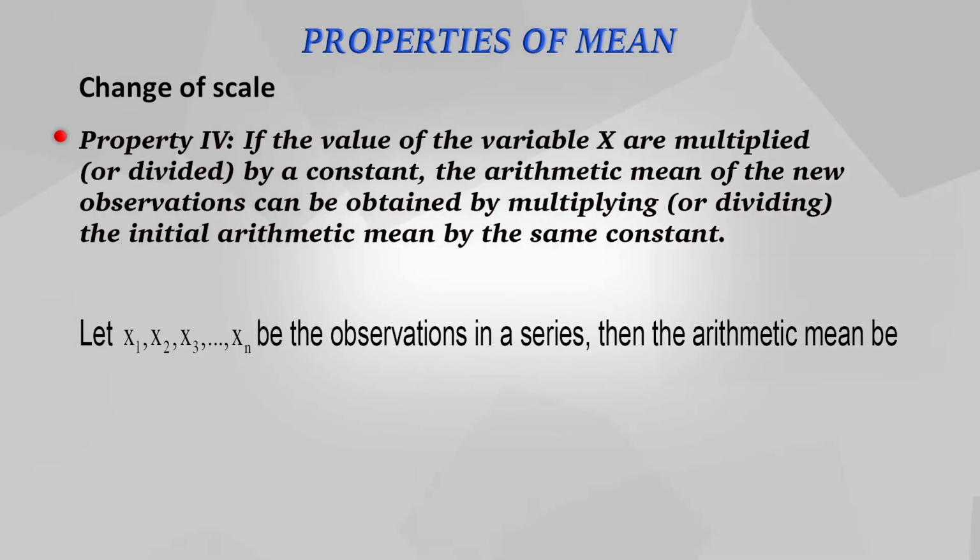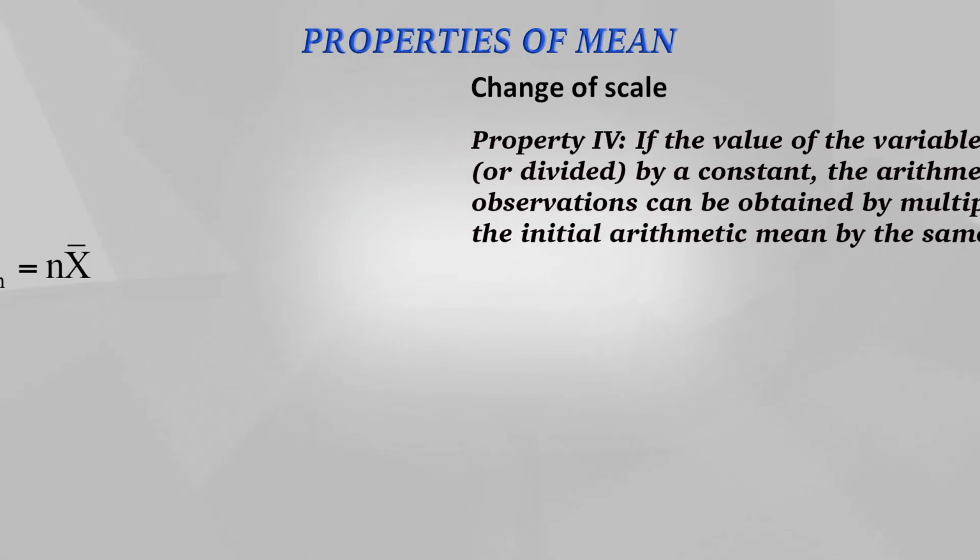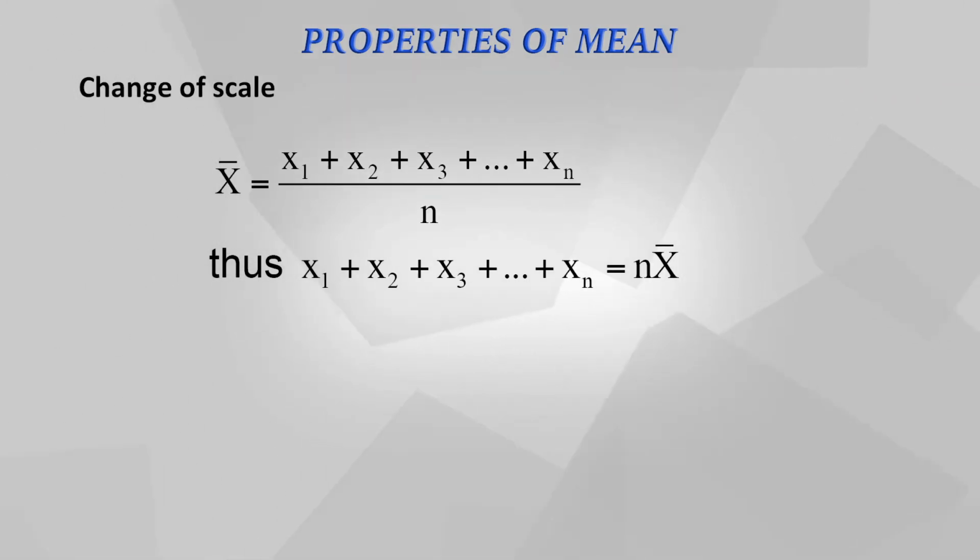Let x1, x2, x3 up to xn be the observations in a series, then the arithmetic mean will become the sum of all the values divided by the total number of values, small n. From this formula, we can see that the sum of all the values x1, x2, x3 up to xn is equal to n times the arithmetic mean, that is x bar.